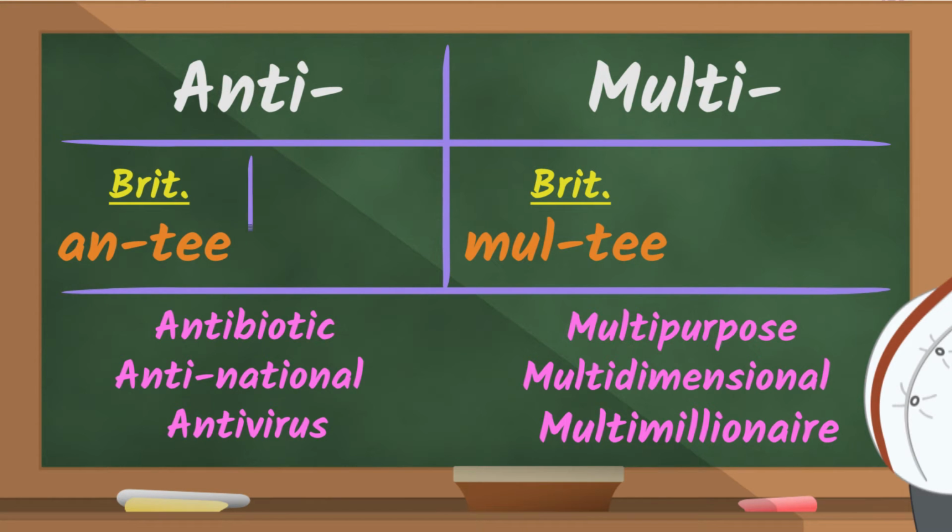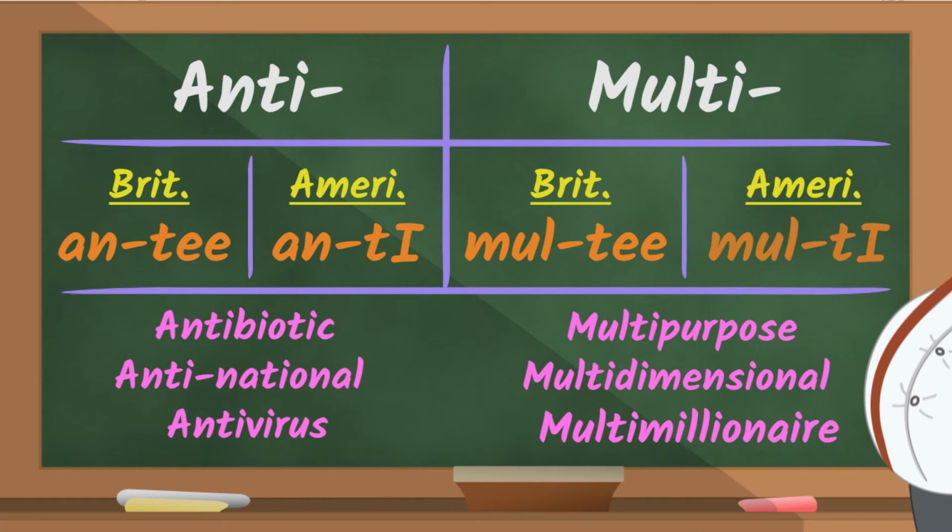The Americans, however, pronounce these prefixes as anti and multi. For instance, these words are pronounced in American format as antibiotic, anti-national, antivirus, multipurpose, multidimensional, multimillionaire, and so on.